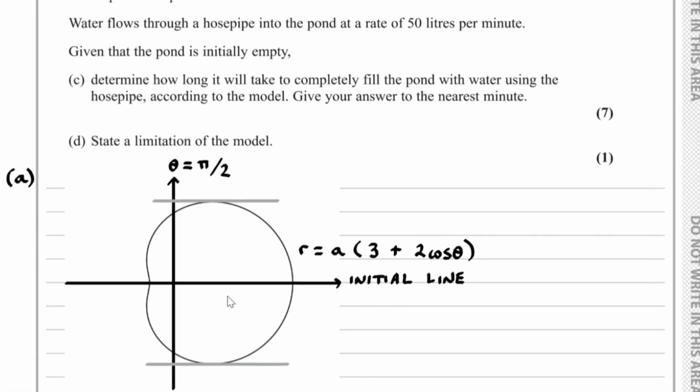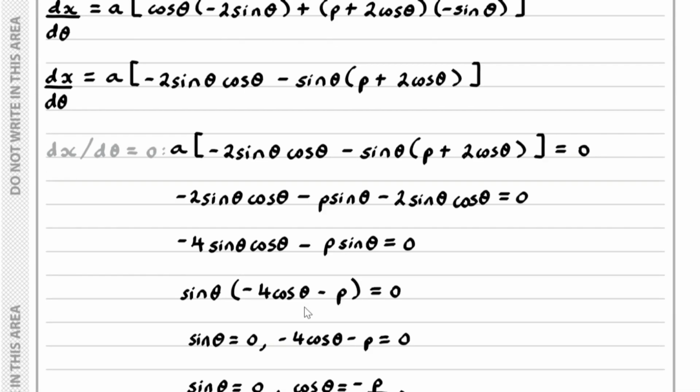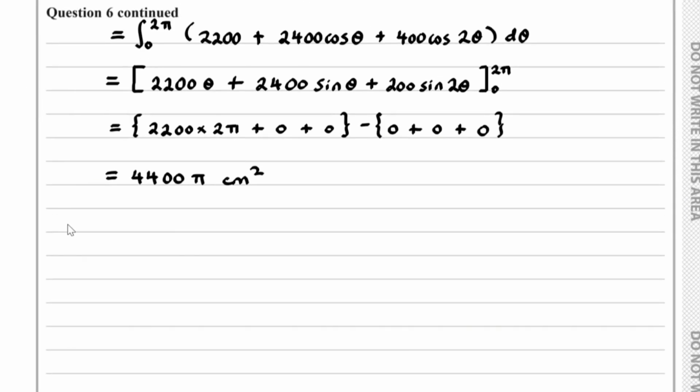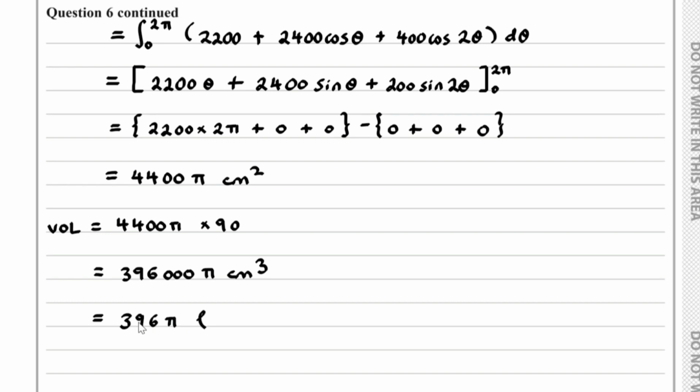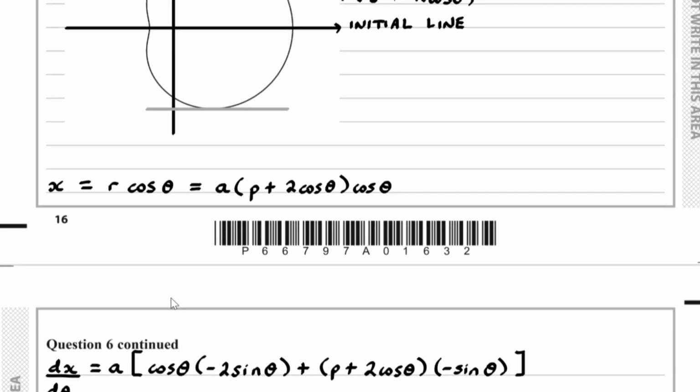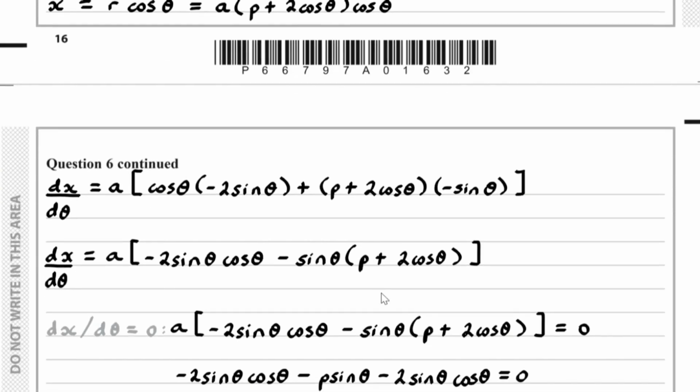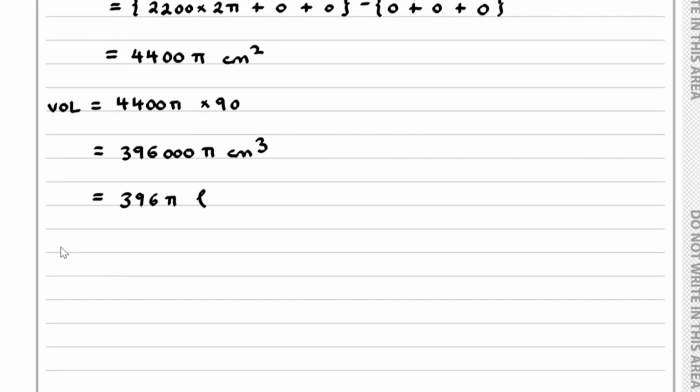Now, if we were to find out the volume, we know the depth is 90 centimetres. So therefore, the volume is equal to 4400 pi multiplied by 90, which is 396,000 pi centimetres cubed. And if I convert this to litres, dividing by 1000, I get 396 pi litres. Now we've got that rate of 50 litres per minute, and from that we can find out the time.